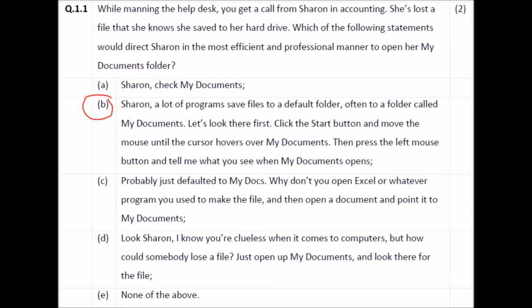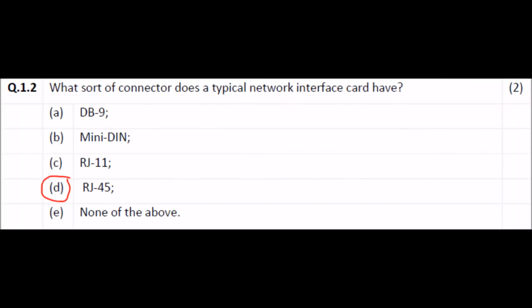So 1.1 would be B, and then 1.2 asks what sort of connector a typical network interface card has. Your NIC deals with what they call registered jacks, with different connectors. You've got an RJ6 connector, RJ11, RJ9 in some instances, and then RJ45.